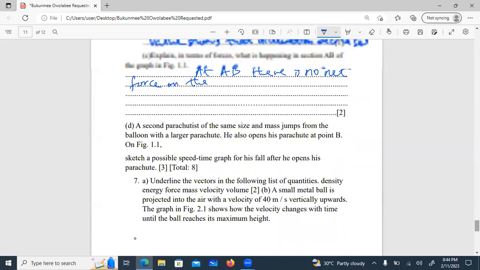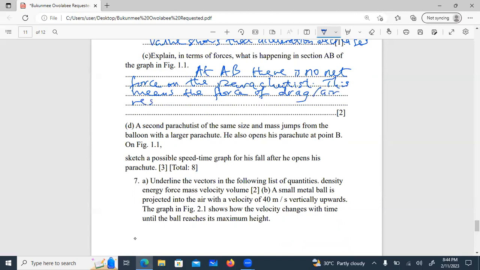Parachutist, yes, then on the parachutist. This means the force of drag, or you say the force of air resistance, balances the force of gravity.